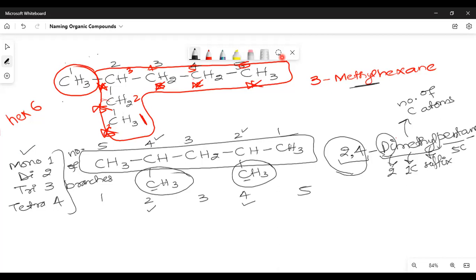So are we good with this example? Yeah. Okay, great. Now, another example which I needed to show to you was, okay, that's another example.